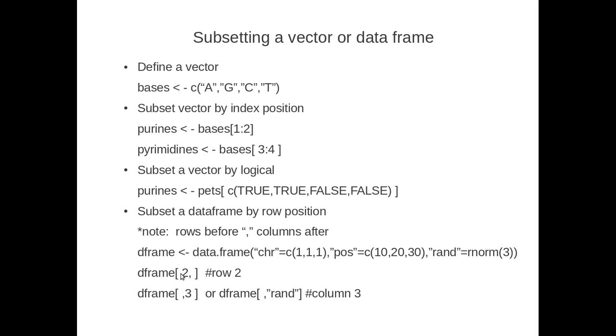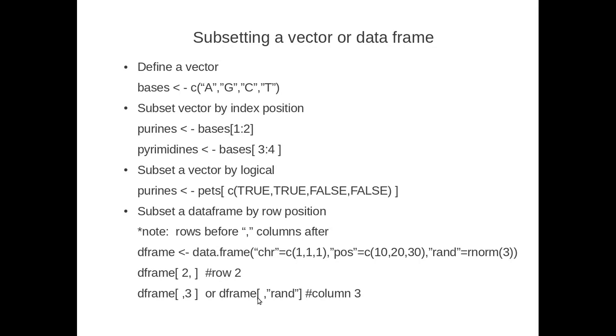So if we specify 2 comma, that means we want row 2. Empty in the columns means all columns by default. If we wanted, say, column 3 but all rows, we would specify a blank for the rows to the left of the comma and a 3 to the right of the comma, which specifies column 3.